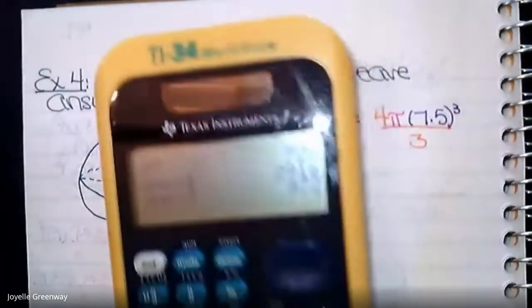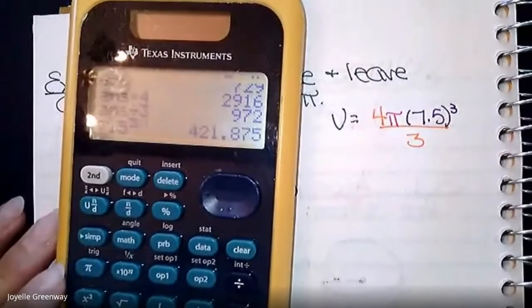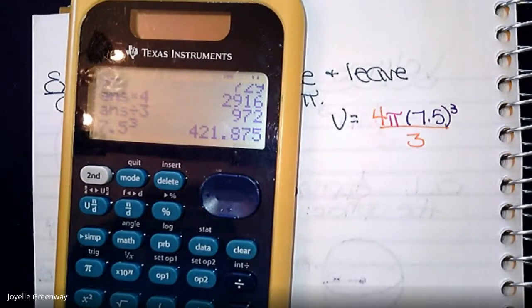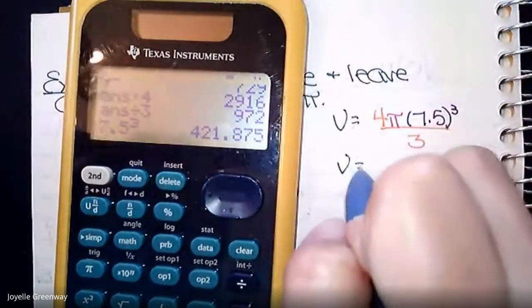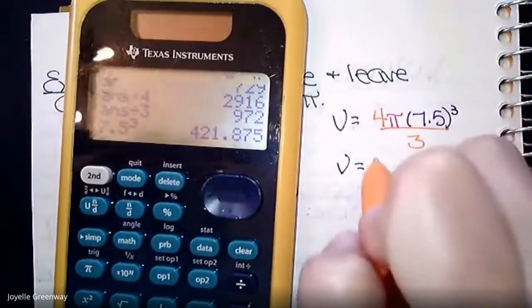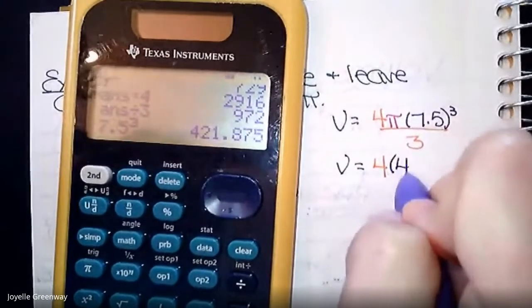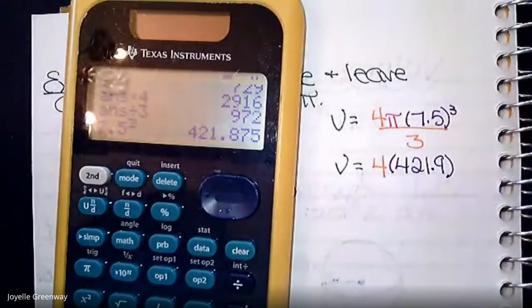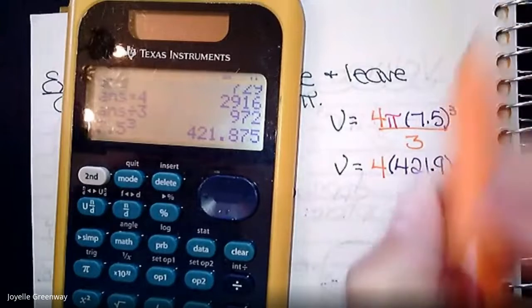So now I want to do 7.5 cubed, and we have 421.875. So if we round that to the nearest tenth, I'm going to round that to 421.9, and then pi, and then I'm going to divide by 3.